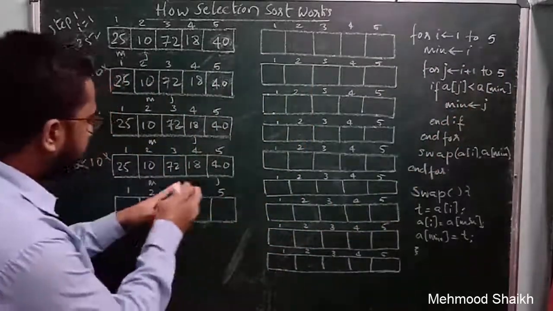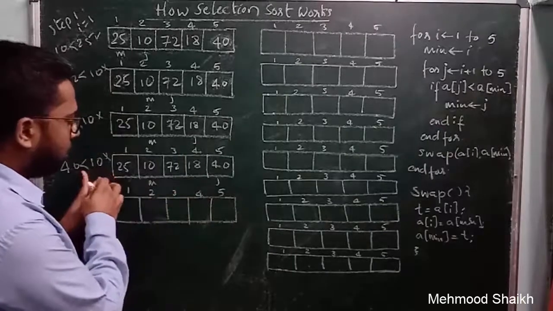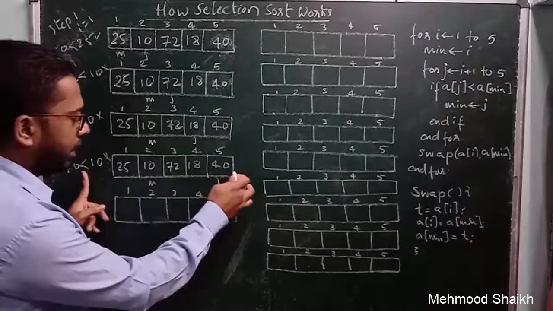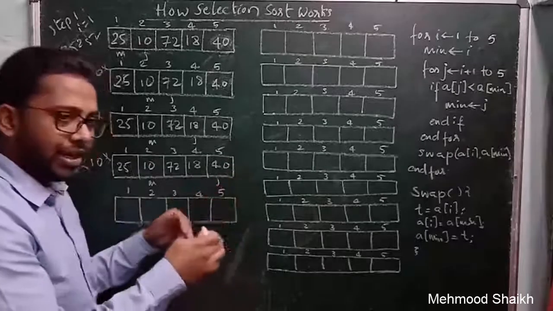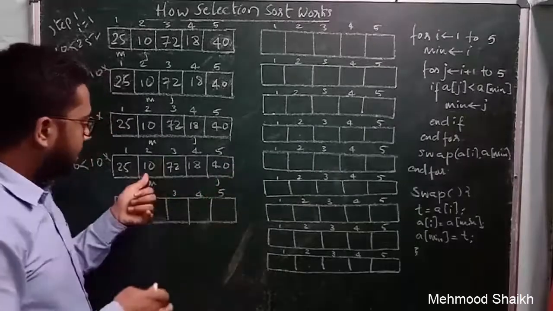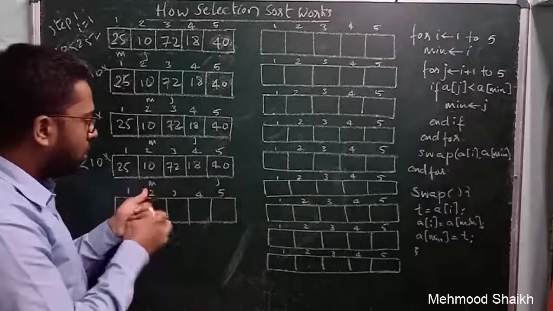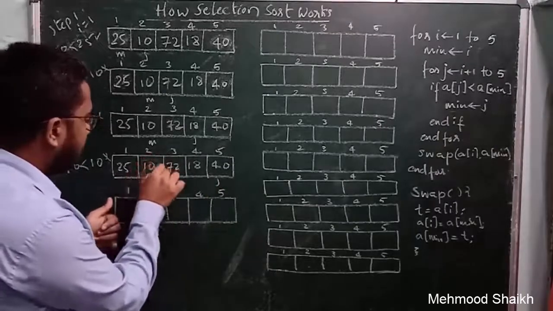Since this condition becomes false and we have reached the last index, which is the fifth index, and after reaching the fifth index we didn't find an element which is lesser than this minimum element, that means this is our minimum element.